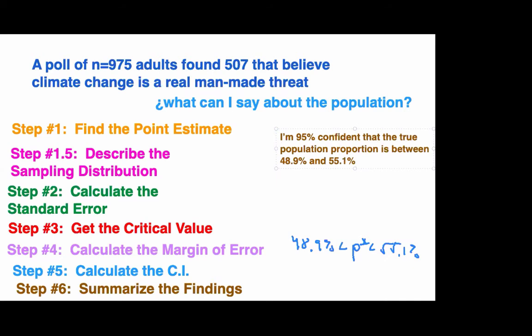So the question then would be, what if someone said, well, wait a minute, what about this? Can you say that, what if someone wanted to say, well, more than 50% of the adult population believe climate change is a man-made threat?